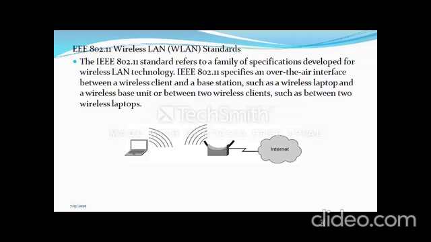The next is the IEEE 802.11 standard. It is within the wireless LAN, WLAN standards.